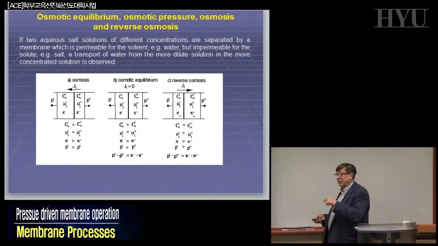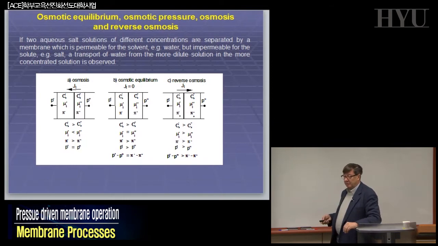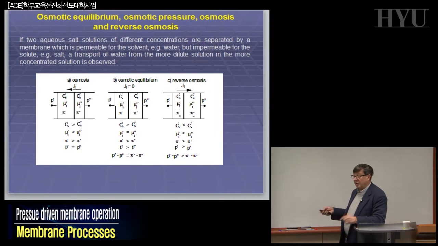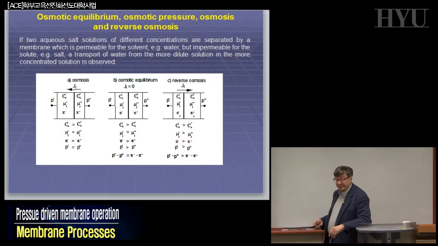The only thing we can do, applying the hydrostatic pressure, is to move water across. So water will go across, but the pressure we have to apply for having water going through has to be higher than the osmotic pressure, because if it's lower, water will enter, more or less, depending on the level of hydrostatic pressure we apply.